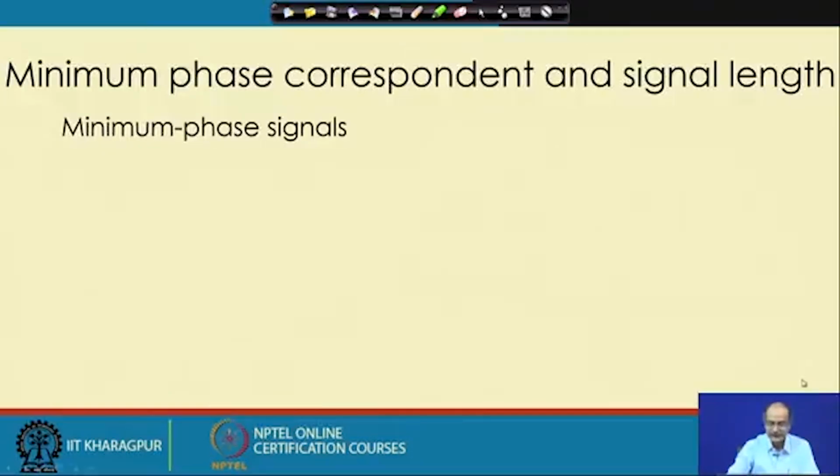For that, first we have to know the concept of the minimum phase signal. This is an important concept. Before getting into the mathematics, let us try to understand what it means.